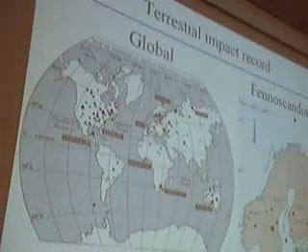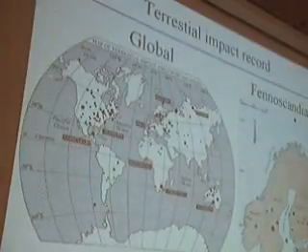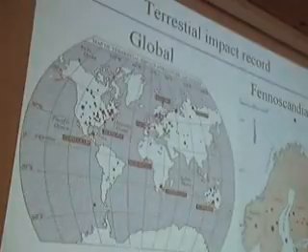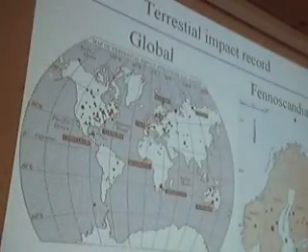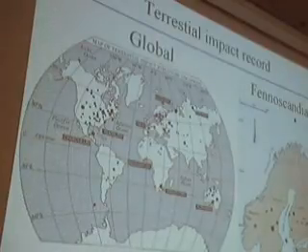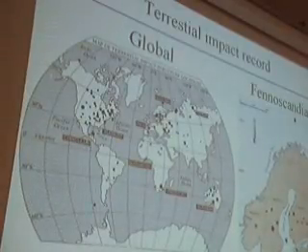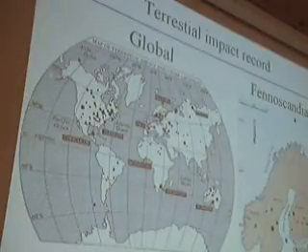Okay, if you look at the global record on the left, we have today about 175 impact structures, confirmed, which fulfill these criteria on Earth. And we have some 32 in Fennoscandia and 11 in Finland.